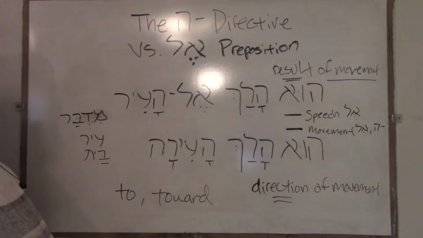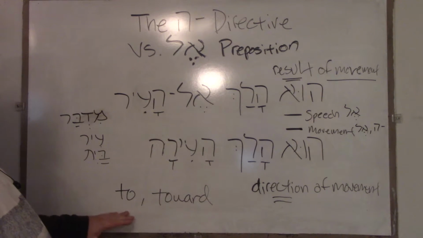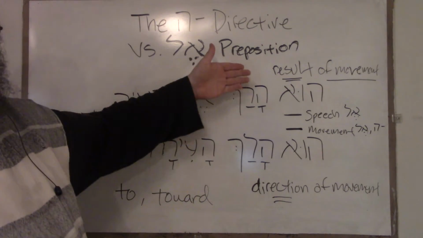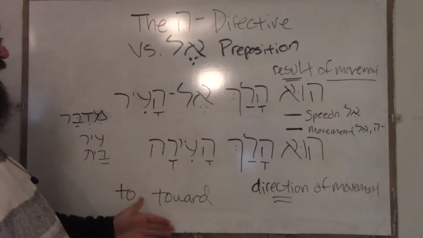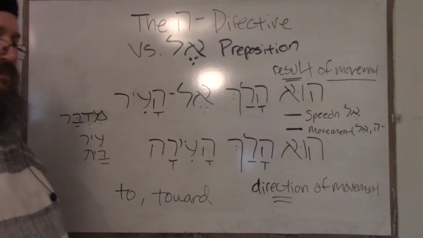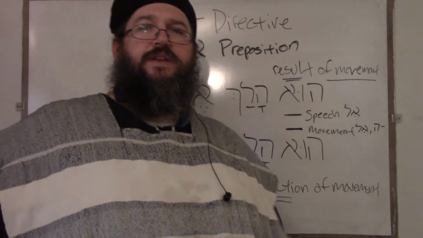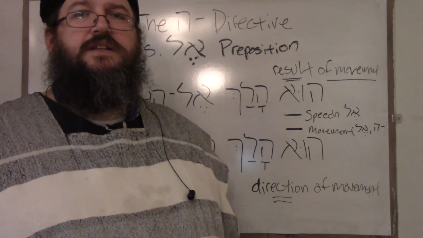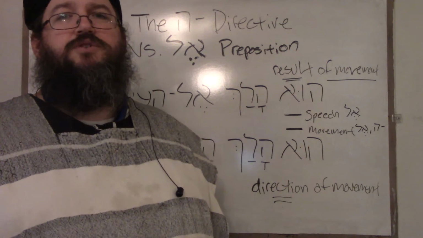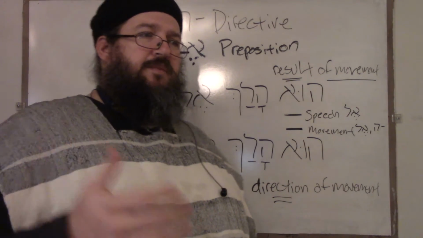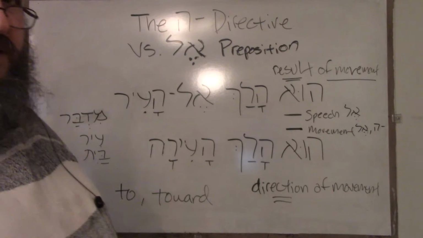We have to understand there's a very strong significance, like in English, where we separate to versus toward. To tells me the result of an action, where toward tells me the direction of the action. And this is important because one of the sad things that's been around, unfortunately, too much, is the lack of seeing that there obviously is a distinction between the two different forms, and people translate everything like it's all the same thing, but it's not.